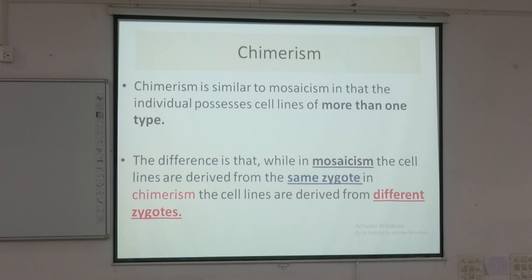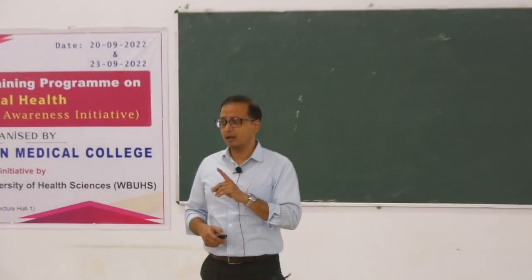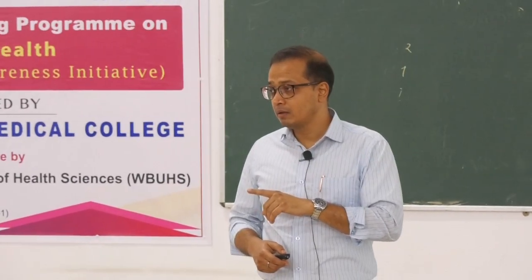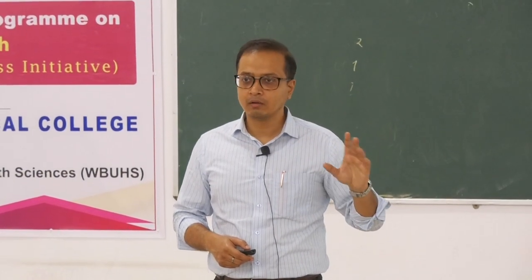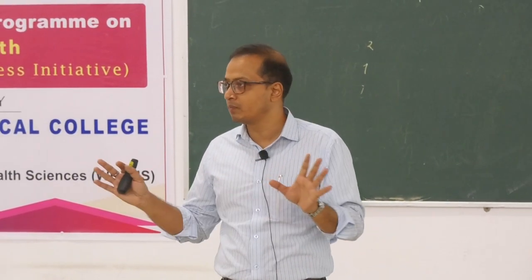If it is happening with a single zygote, we call it mosaicism. So the basic thing, you have to just figure out where the difference is between mosaicism and chimerism. So what is the problem? Cell lines which could be bizarre, N, 2N, 3N, 4N, a mix of things.